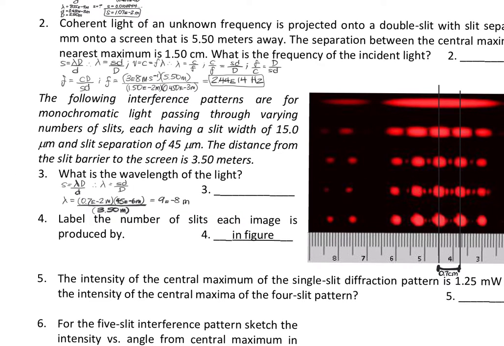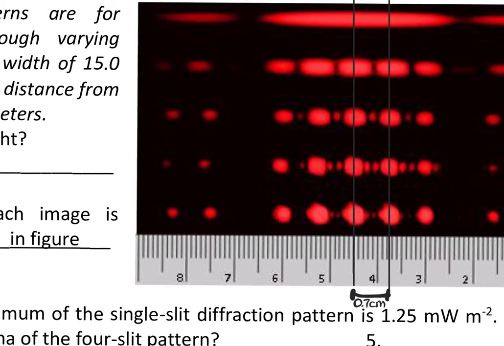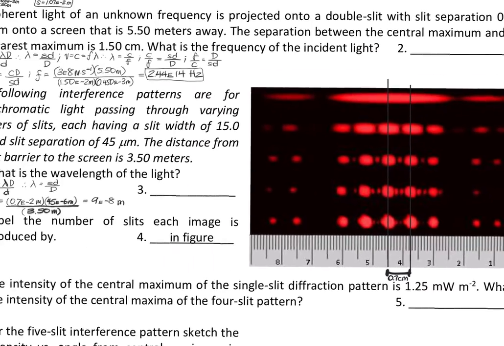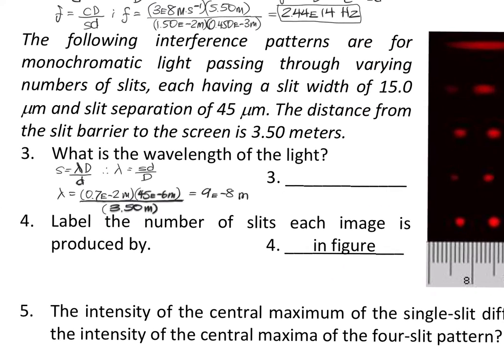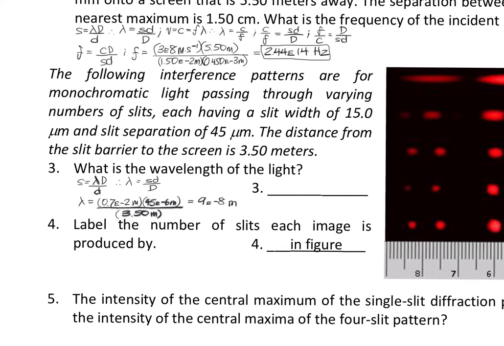We got the 0.7 times 0.7 centimeters for the separation from this primary maximum to the first maxima over here. That would be S. D, the 45 micrometers, that's the slit separation. We have that. And then we have the distance from the barrier to the screen, 3.5 meters.